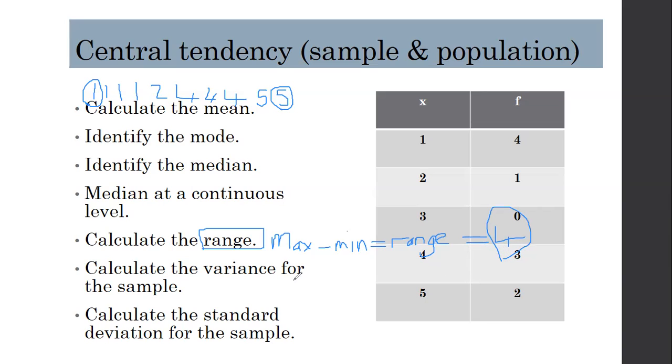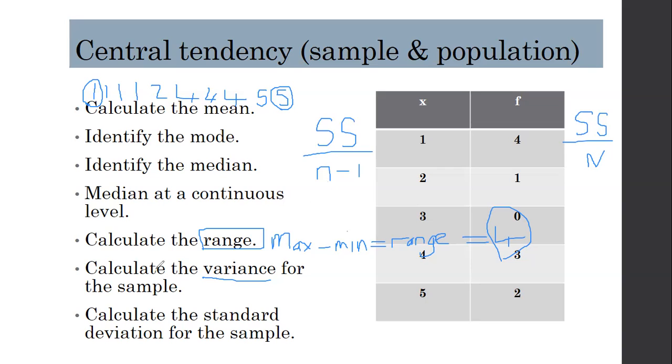Now this is quite easy, but we need to calculate the variance. The formula for variance for a sample is SS divided by n minus 1. The formula for variance for a population is SS divided by n.